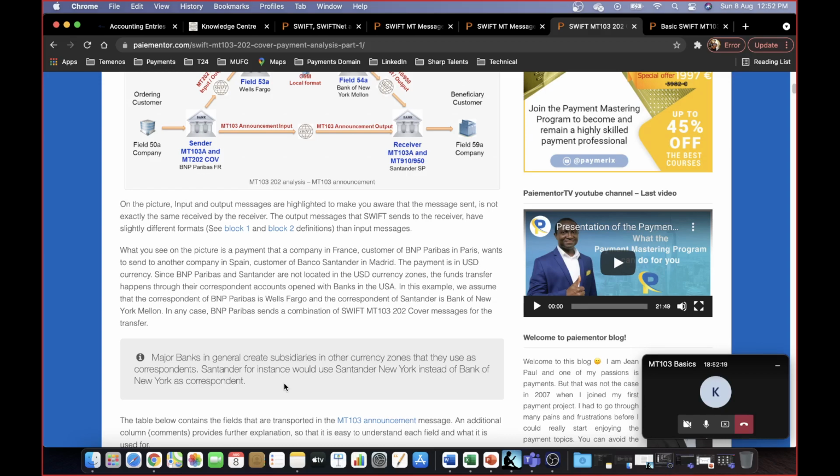If there is a sender's correspondent or receiver's correspondent involved, then we will have tag 56 as well. So the sender will be us, the receiver will be Citibank, tag 56 will be BNY Mellon, for example, and tag 57 will be JP Morgan Chase.